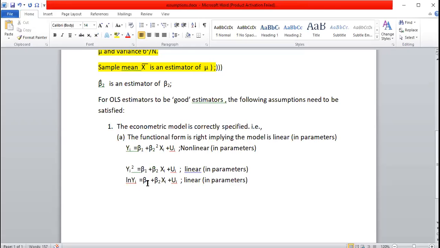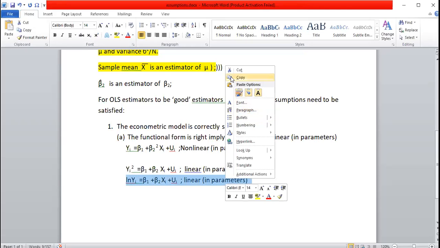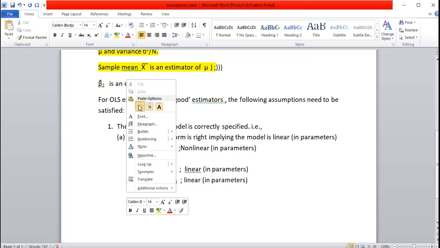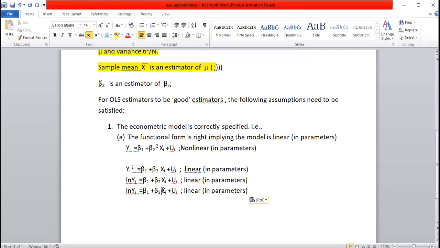Is it linear in parameters? Yes. There's no power in beta 1, no power in beta 2. It's linear in parameters. And you will see this kind of model. Let me draw another model. How about this model? Read it for me.